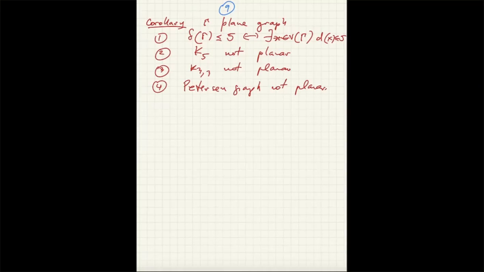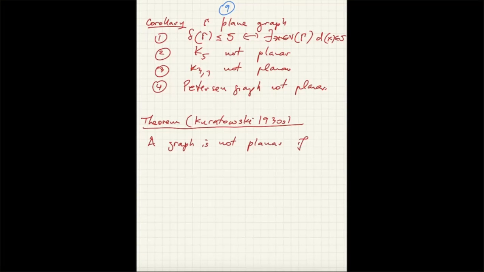Actually, there's a general and powerful theorem of the Polish mathematician Kuratowski in the 1930s that states that a graph is not planar if and only if it has a subgraph that is a subdivision of K5 or K3,3.